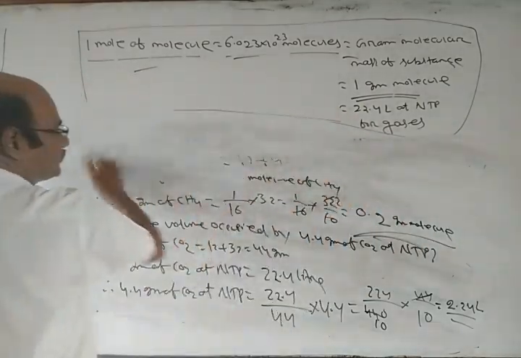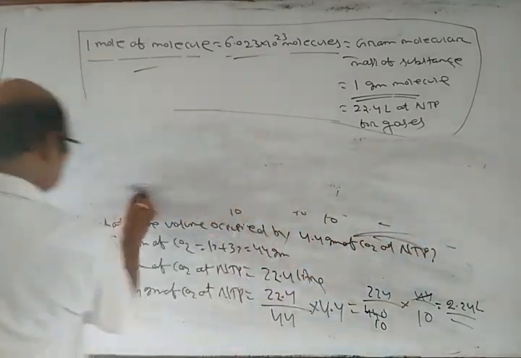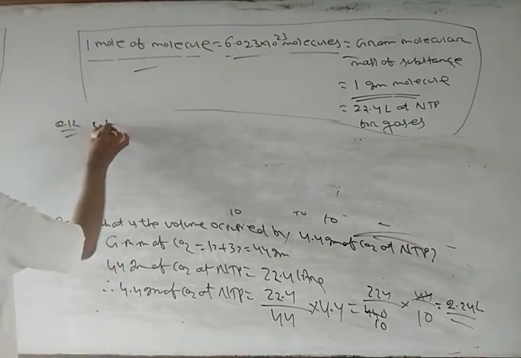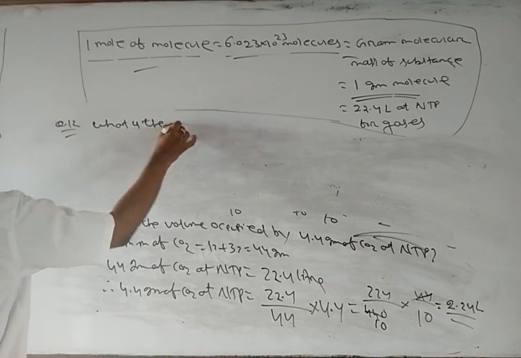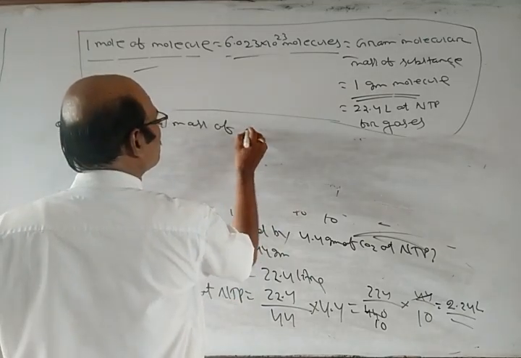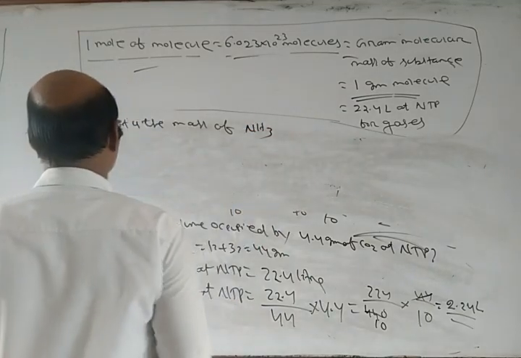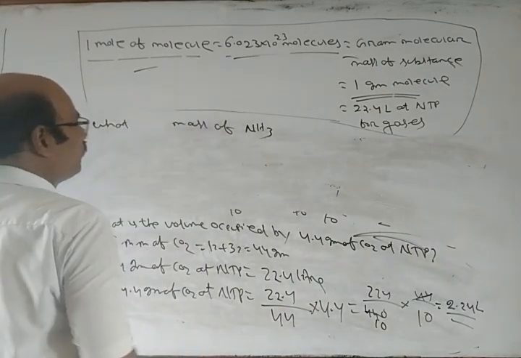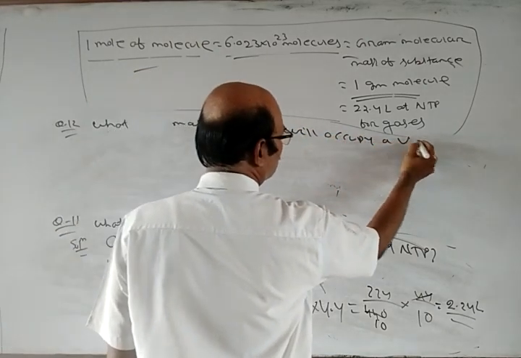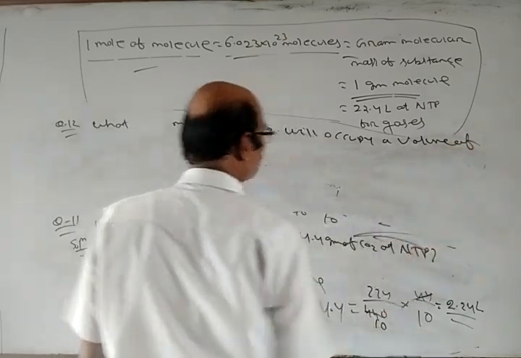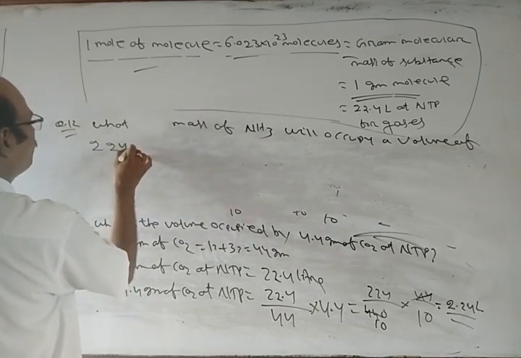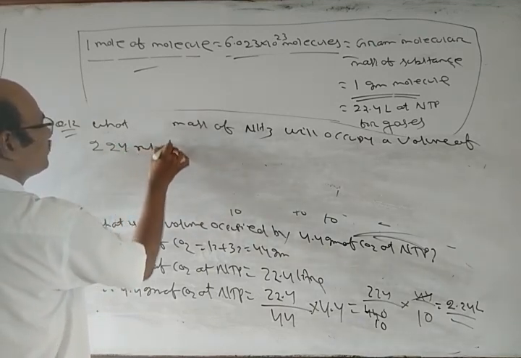Now volume to mass. Question number 12. What mass of ammonia will occupy a volume of 224 milliliter at NTP?